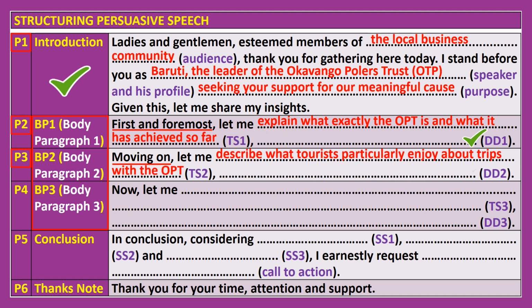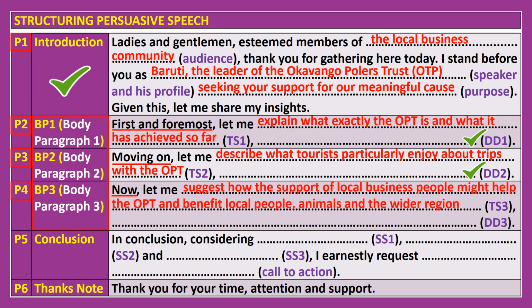Follow up with the developed details for the second bullet point. For P4, use a relevant transition and a topic sentence to introduce the third bullet point. Follow up with the developed details for the third bullet point.